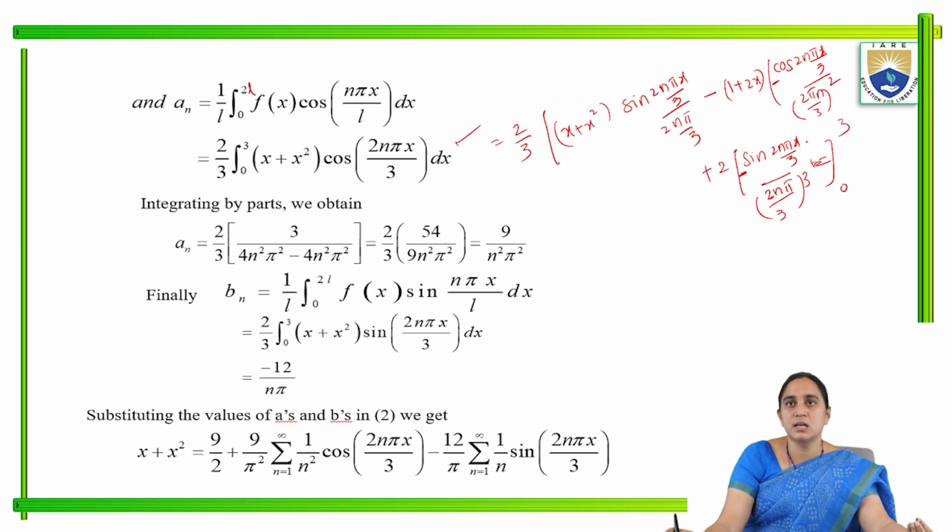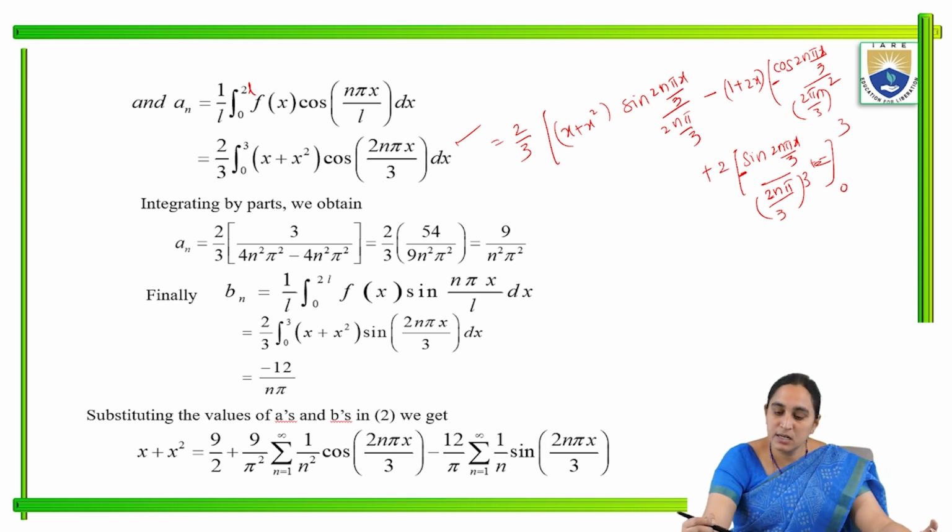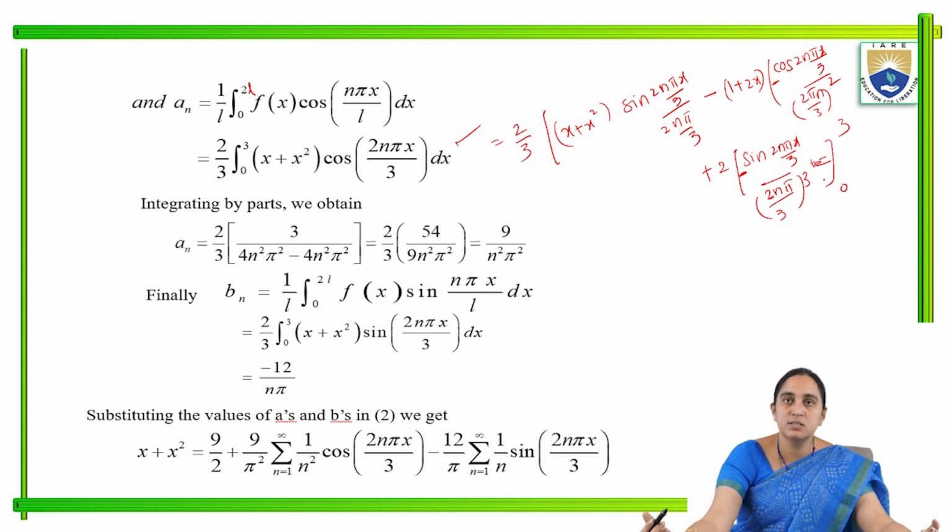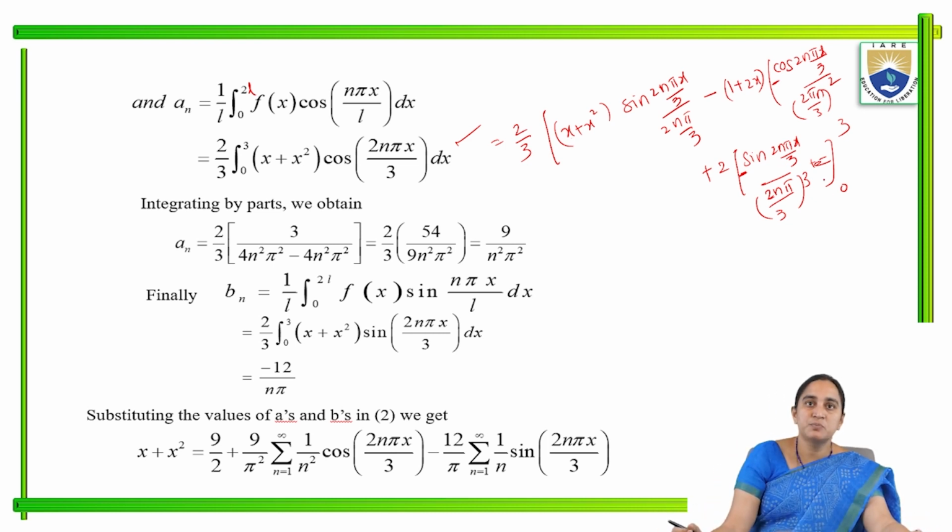Already we discussed that if the sine term is within the limits (0, L), (0, 2L) or (-pi, pi), whatever it is, sin n pi is 0 and sin 0 is 0. After substituting 0 and 3, sin n pi and sin 2n pi are 0, and sin 0 is also 0. Only the cosine term remains when substituting the limits.